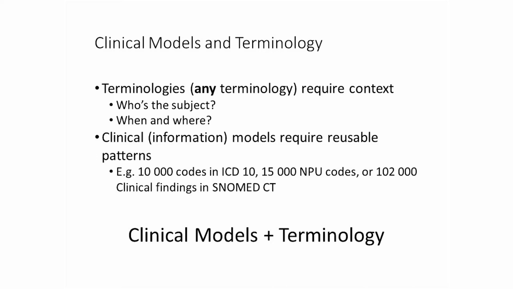And I just counted them, approximately 102,000 clinical findings in SNOMED. So there is something that we don't want to repeat with archetypes. We don't want 102,000 problem diagnosis archetypes, where one would probably be sufficient for most cases. So it's clinical models and terminology, not either or. And I think that's already been established by the previous speakers.